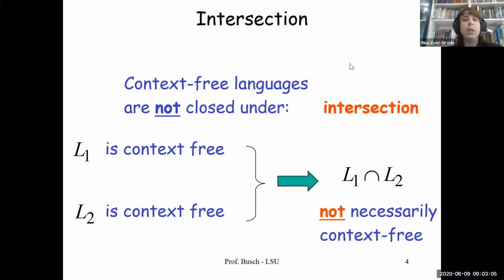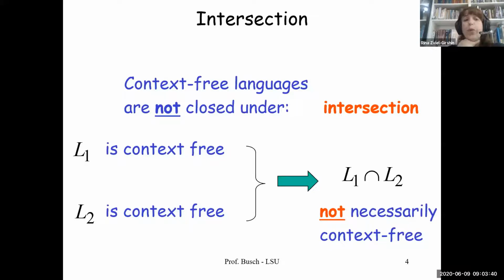And I told that some of the closures we will prove during the practice exercise, and some you will prove or disprove during the homework. So the family of context-free languages is not closed under intersection. It is closed under intersection with a regular language, but not closed if we are using context-free languages.